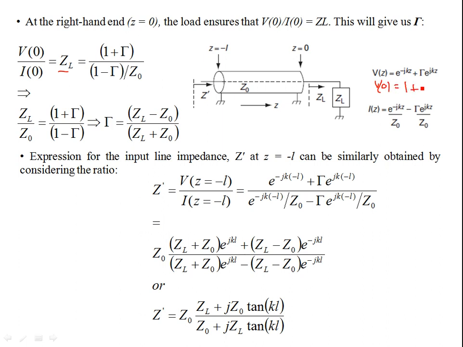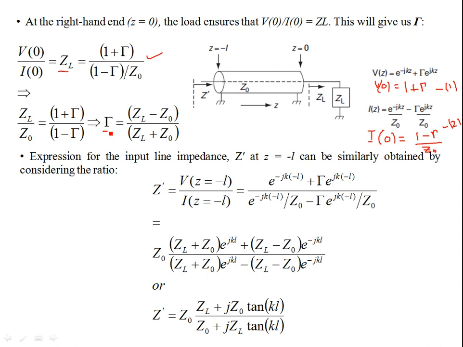And then in the second equation, for I naught at Z equal to 0, this is equal to 1 minus gamma, whole divided by Z naught, the characteristic impedance of the line. If you take the ratio of these two equations, equation 1 divided by equation 2 yields the following result.